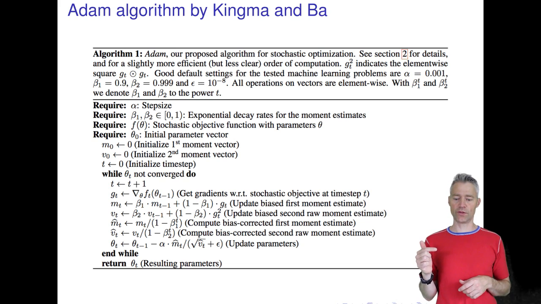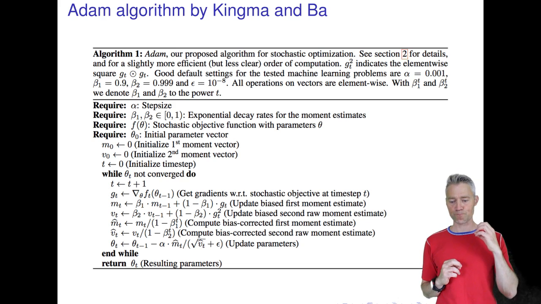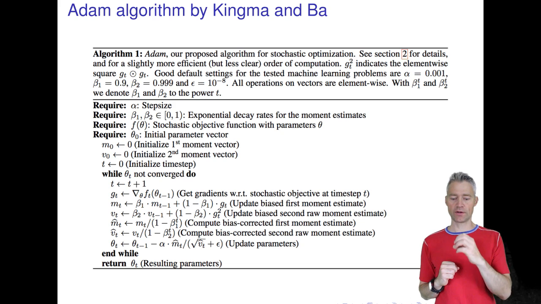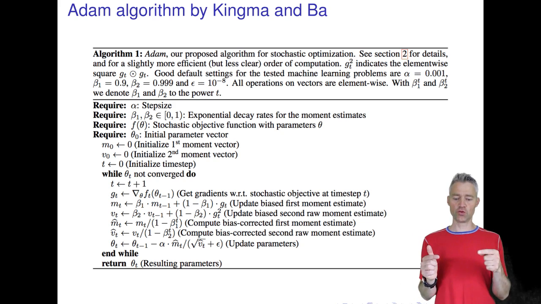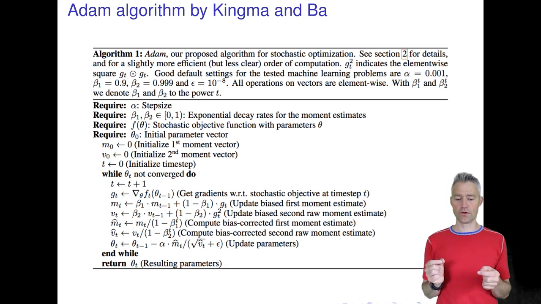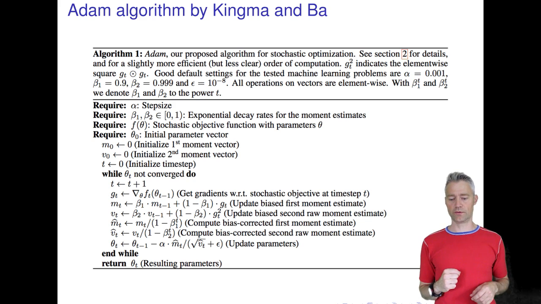And then the next line with the m_t update is this momentum update where you say my running average gradient is the old gradient times beta 1, plus 1 minus beta 1 times the current gradient. And then as something new here, we also keep memory of the square of the gradient. So this g_t squared is the element-wise square of the gradient.